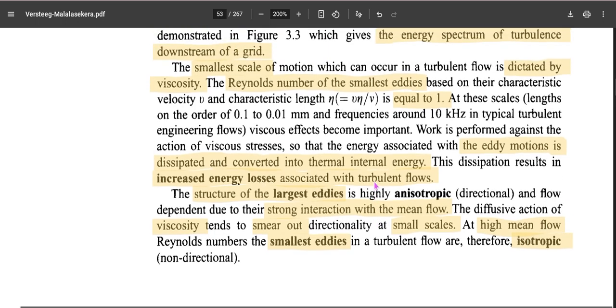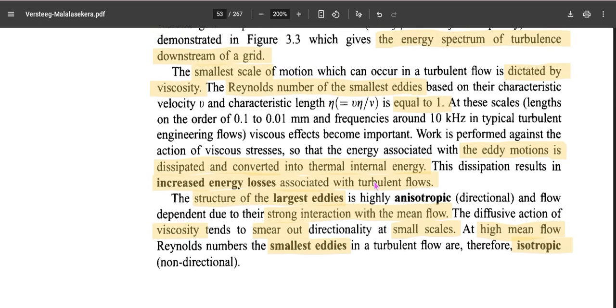The large eddies interact with the mean flow and extract energy from it, and transfer the energy to the different scales of eddies. Finally the small eddies take all that energy, and it is dissipated and converted into thermal internal energy. This energy transfer from large eddies to small eddies of different length scales is called an energy cascade.